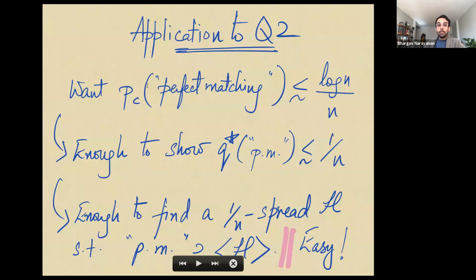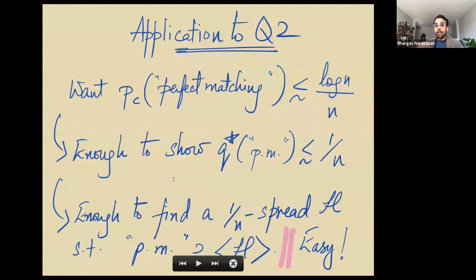By our theorem, since this threshold probability p_c is bounded above by q star times log n, it's enough to bound the fractional expectation threshold of the increasing family corresponding to containing a perfect matching, and to show that that's at most 1 over n, because then we get that the threshold's at most log n times q star, and we'd be done.